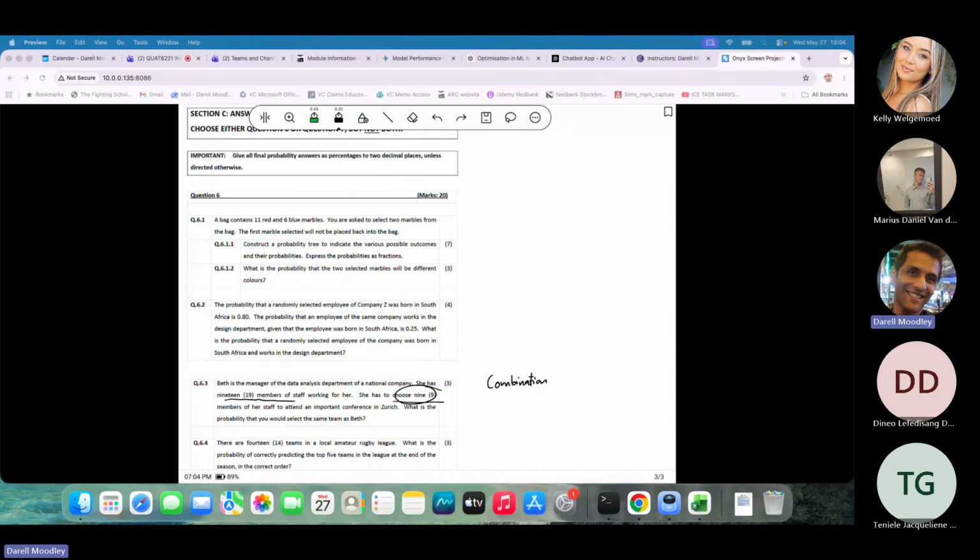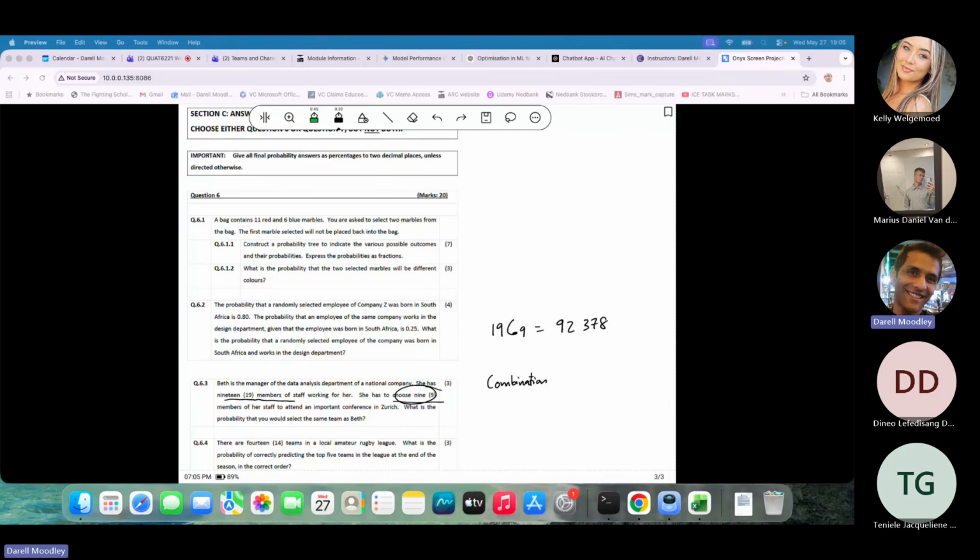So we need to work out 19C9 using your calculator. And if you work that out, you will get 92,378. That's how many different ways you can select 9 people out of 19 staff members.